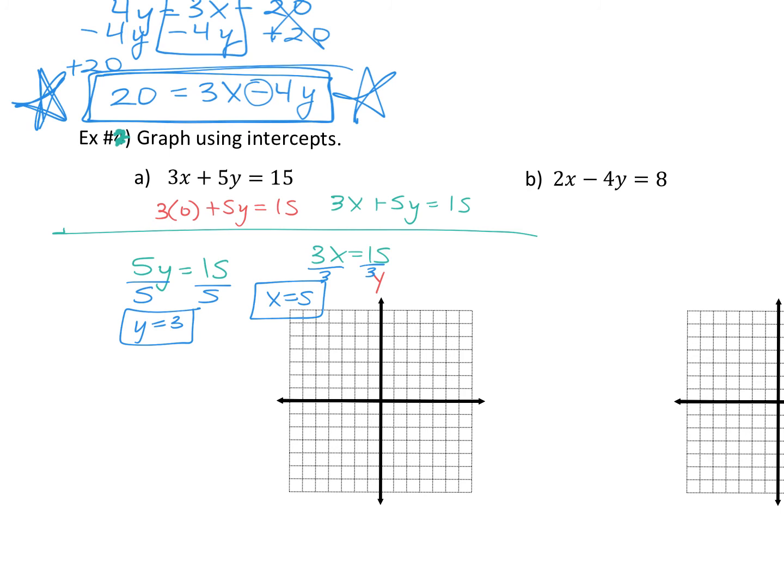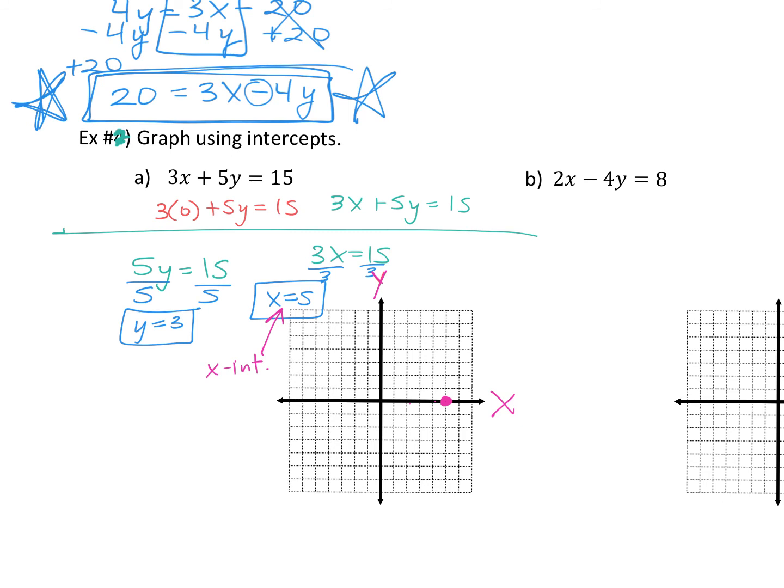So that means when I go to plot this, this is my x-intercept. Where am I going to plot that 5? Up, down, left, or right? To the right. It's the x-intercept. This is your x-axis. This is your y-axis. So on the x-axis, 1, 2, 3, 4, 5, that's my x-intercept, okay?